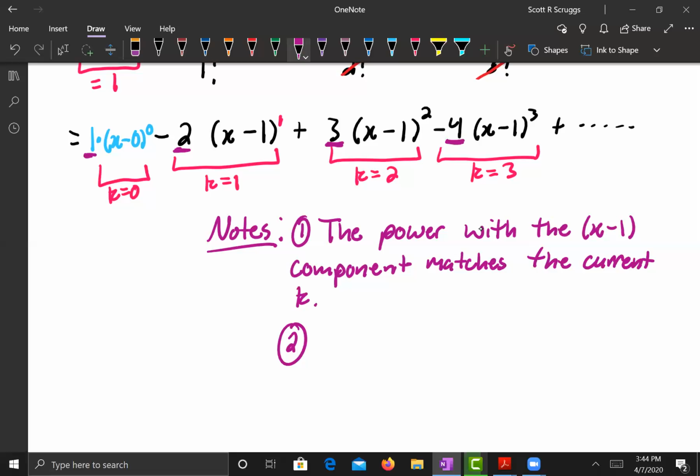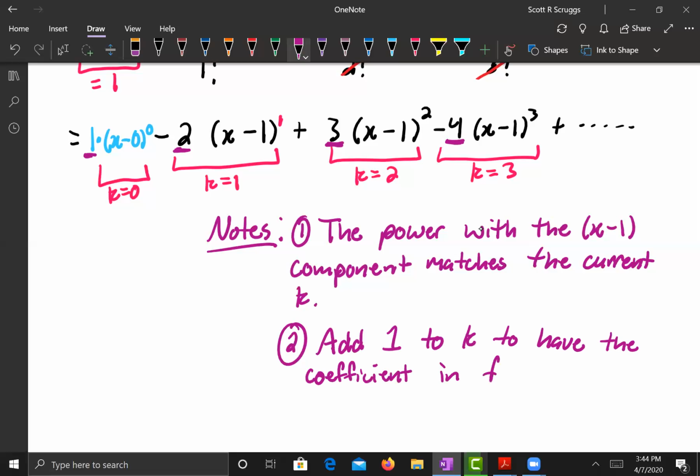And that's my second note. I add 1 to k to have the coefficient in front of the x minus 1 part.